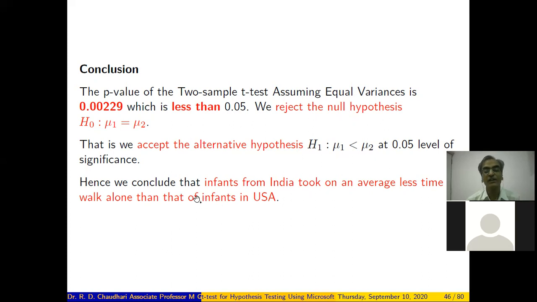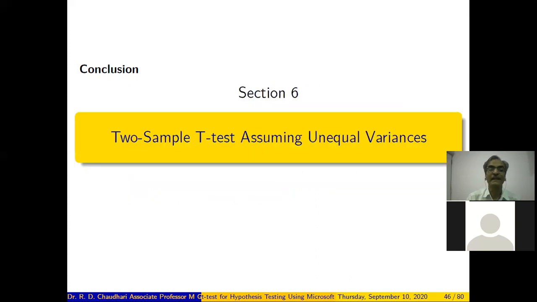That is, we conclude that infants from India took on average less time to walk alone than infants in USA, right? So this is the decision based on the two sample t test. Okay, so this is about two sample t test assuming equal variances.